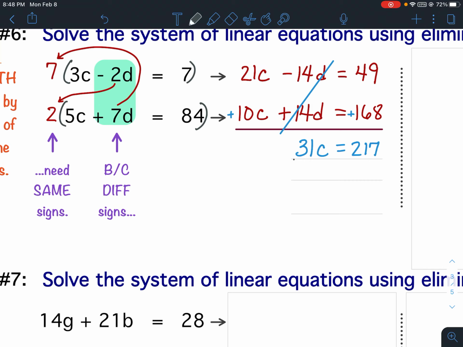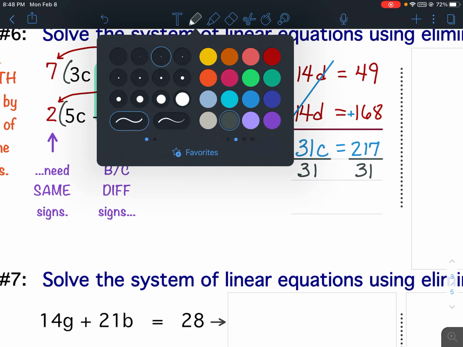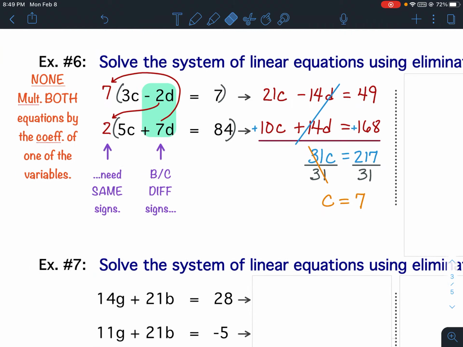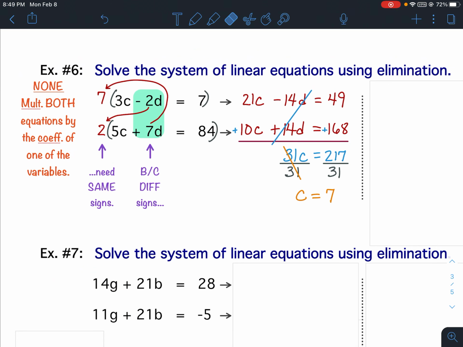To isolate the c, I'm going to divide both sides by 31. 217 divided by 31 is 7. So I get c equals 7.